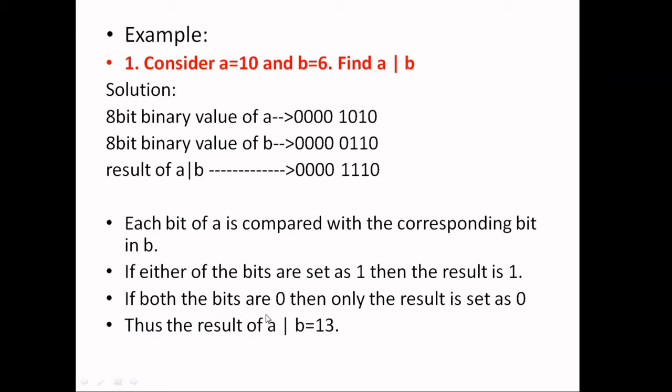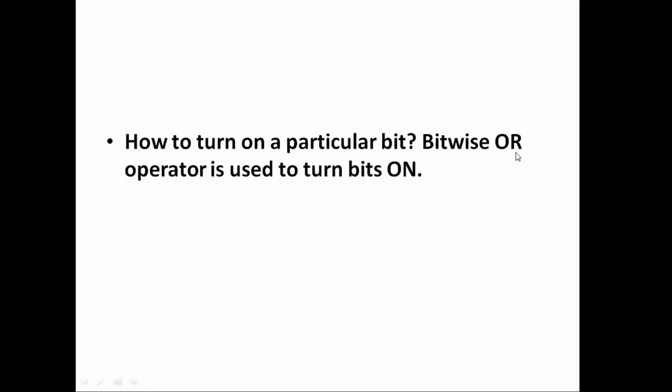Then how to turn on a particular bit? In the previous lecture, we have seen how to turn off a particular bit by using bitwise AND operator. Here you will be knowing how to turn on a particular bit using bitwise OR operator, which is used to turn bits on. So let us go through an example.